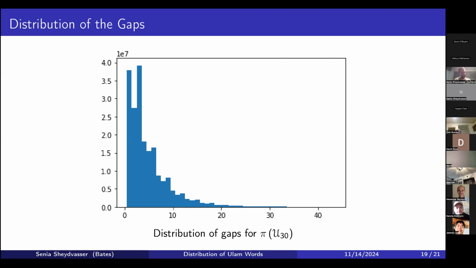Somehow this preference gets compensated for in various parts of this set of Ulam words. I don't know entirely how to understand this, but the pattern seems to be very clear.